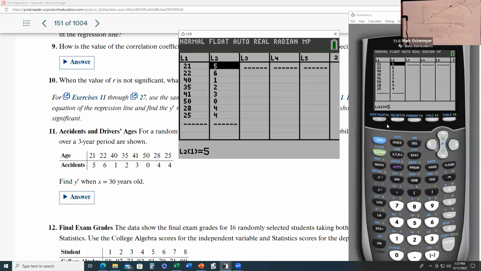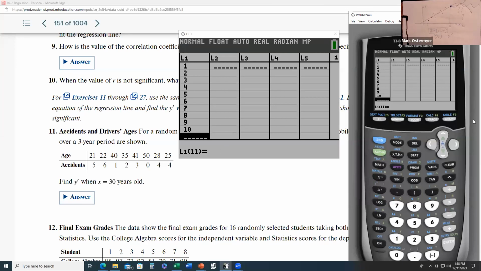All right, I'm just going to throw some data in here, just for illustrative purposes, to illustrate something important. Suppose my X data is 1, 2, 3, 4, 5, 6, 7, 8, 9, 10.